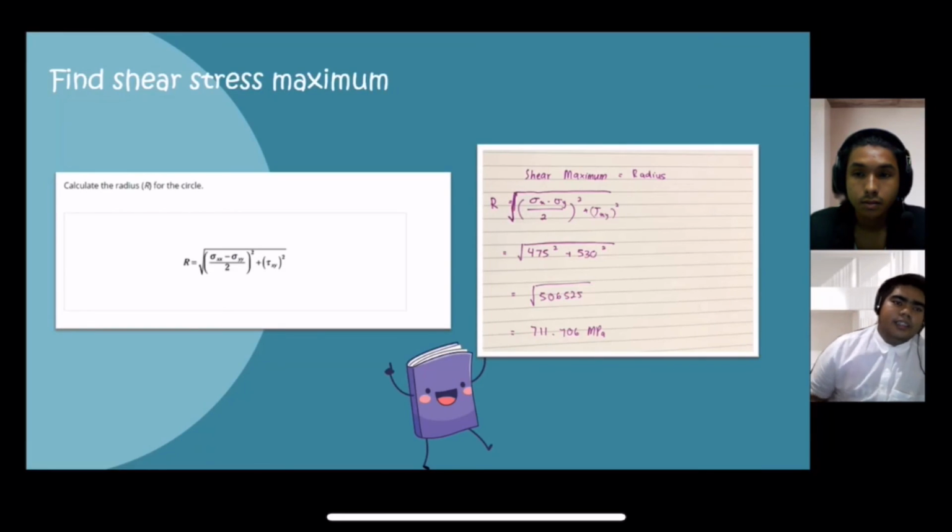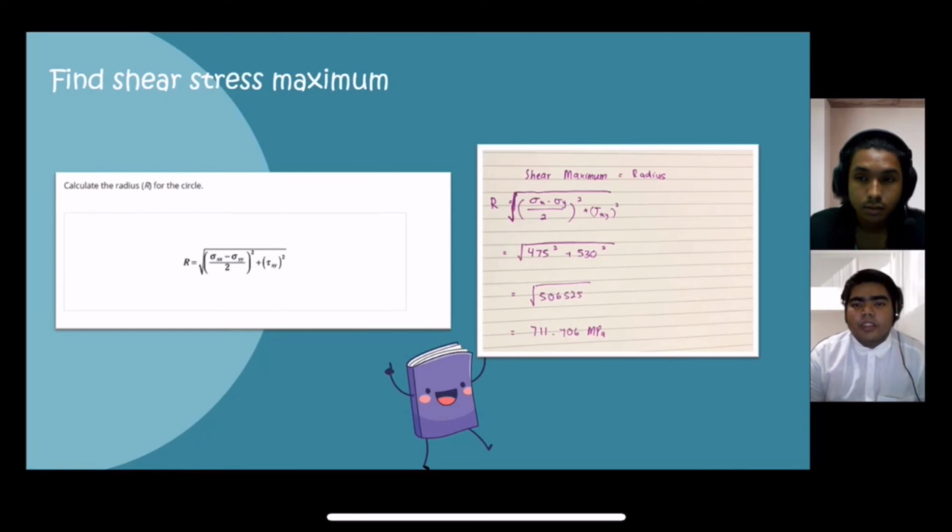The next question is to find the maximum shear stress. For this question, we need to know that the maximum shear is known as the radius. We can use the equation given and put in the values that we got.